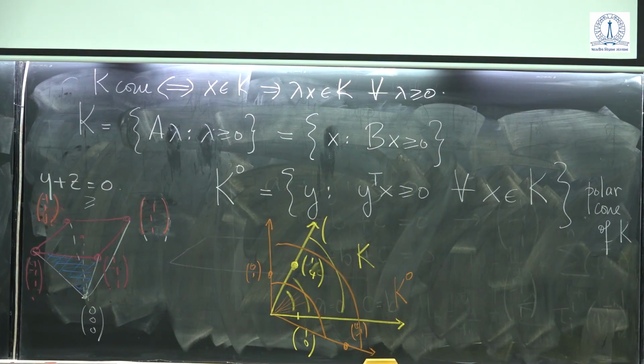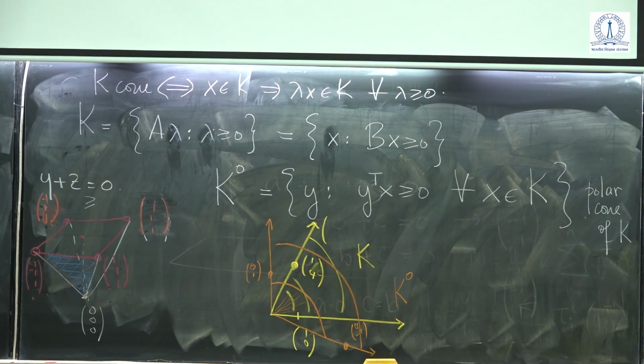So what about the columns of A? Are they inside the yellow cone? K is yellow, okay? Are the columns of A in the cone K? Yeah, right?